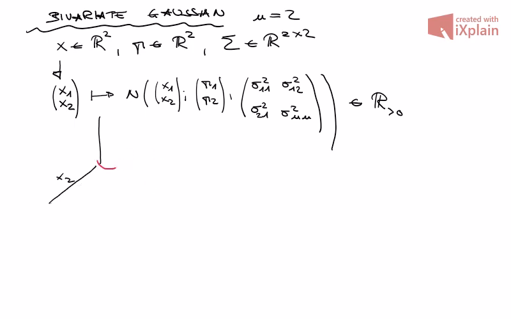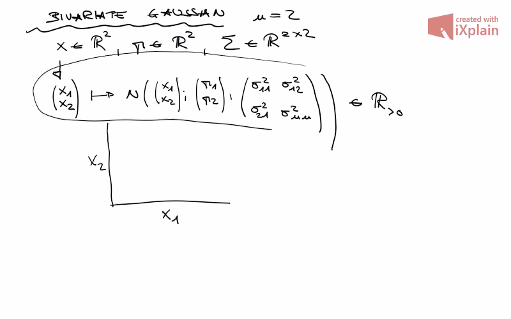So the way that I prefer to visualize 2D Gaussians is as follows. You take your x1, you take your x2. Then this thing says that for each x1 and x2 you get a single value back. Now you can encode these values for each x1 and x2 in terms of some color.